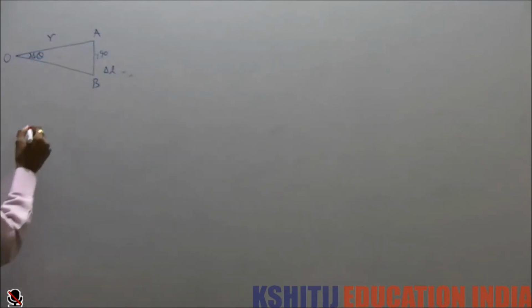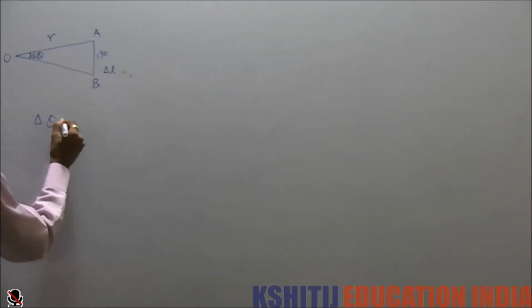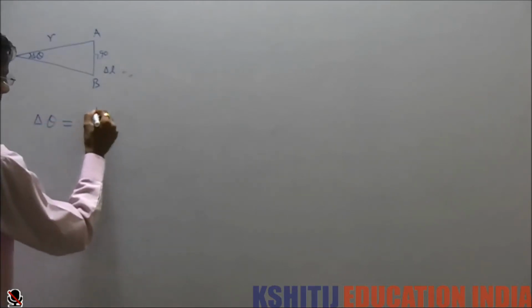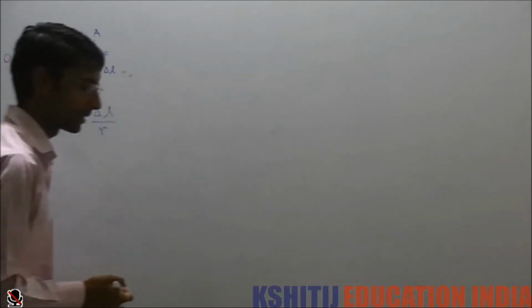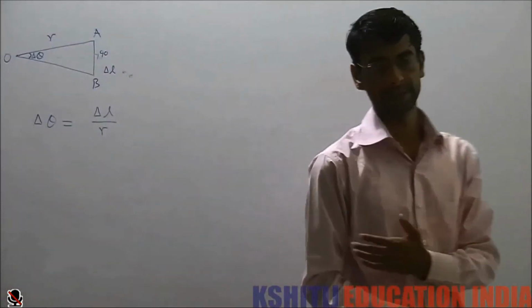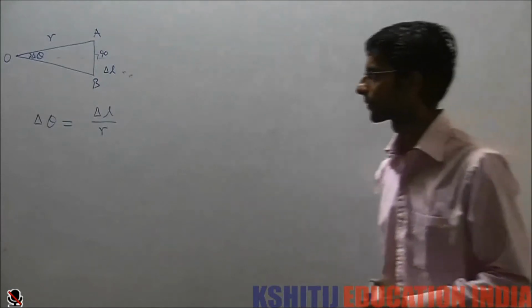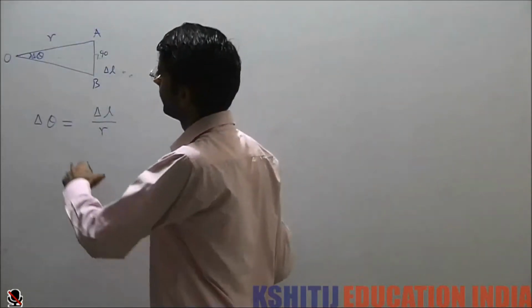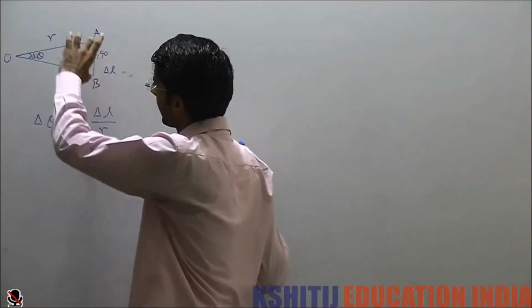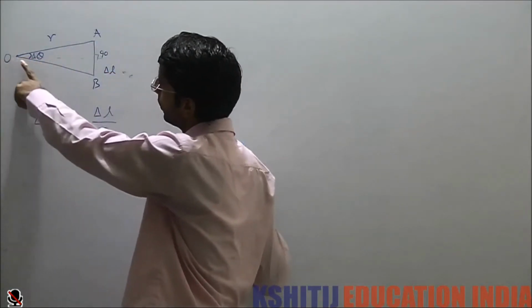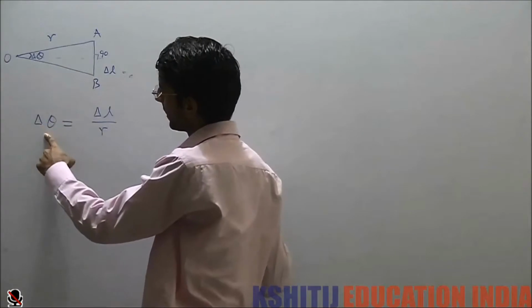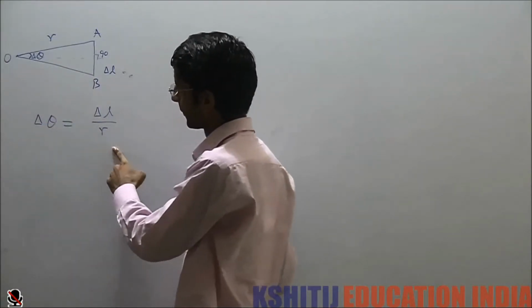So delta theta will be delta L divided by R, just like the extension of the discussion that we have just finished. If we have delta L perpendicular to the direction line coming from O, then delta theta is delta L by R.